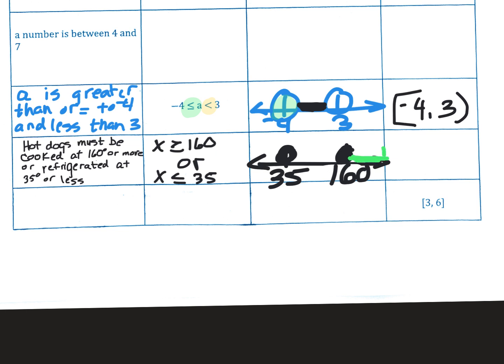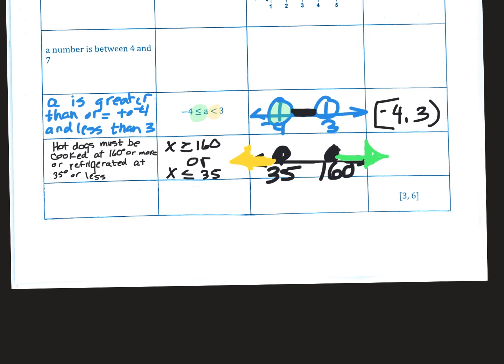You're going to have it going this way to represent that it could be greater than 160, and you're going to be going that way to represent that it's lower than 35. So anytime you see a number line that is going in different directions, you know that this is going to be an or. It involves two components that you can't do at the same time.